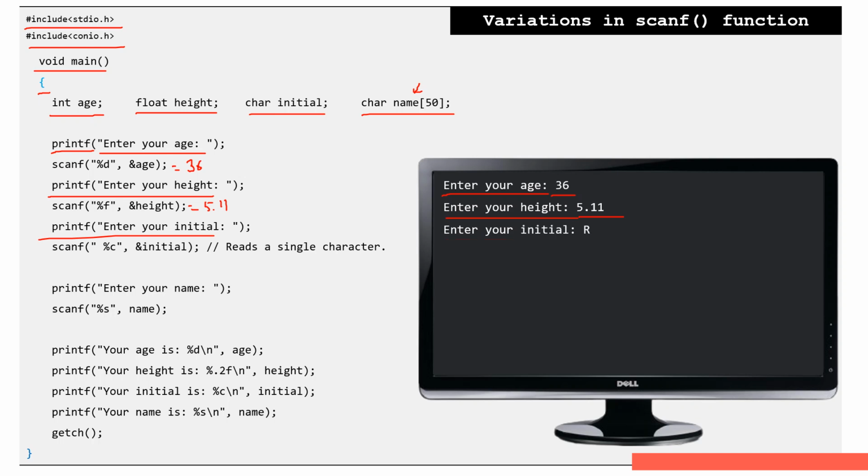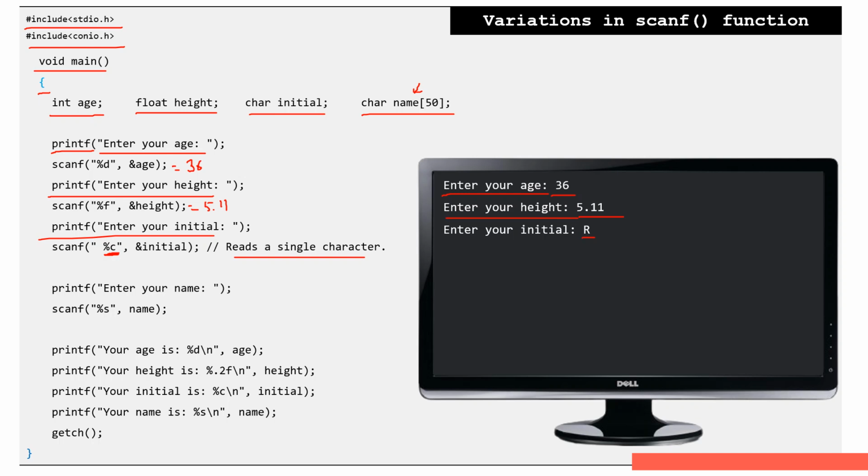Suppose the user enters R. So it reads a single character. Even if you write Rahul, it will only store the first letter and will not consider AHUL. It will read a single character because here it is written %c, right?